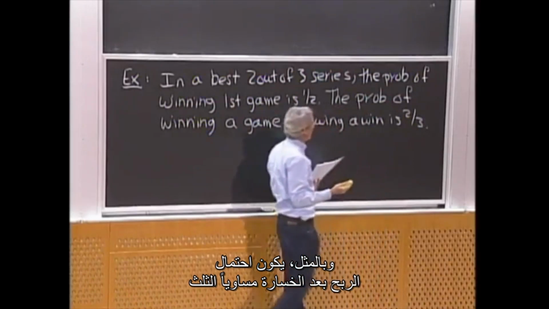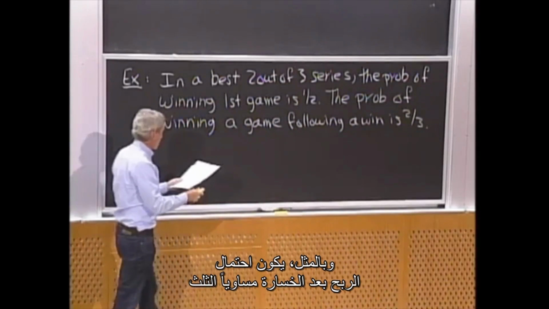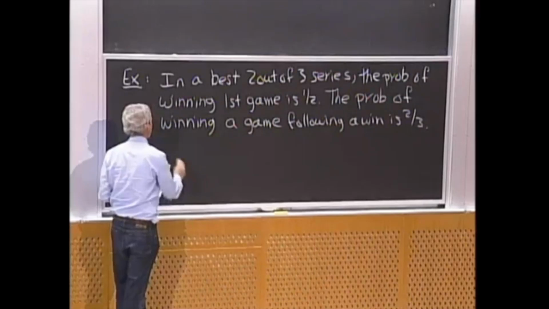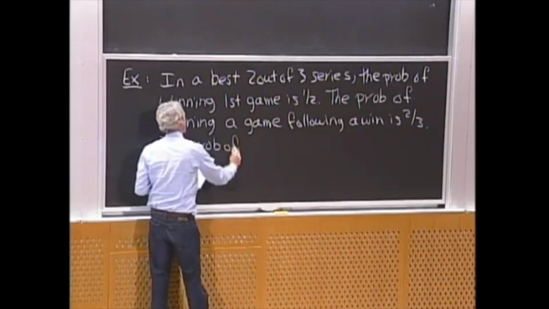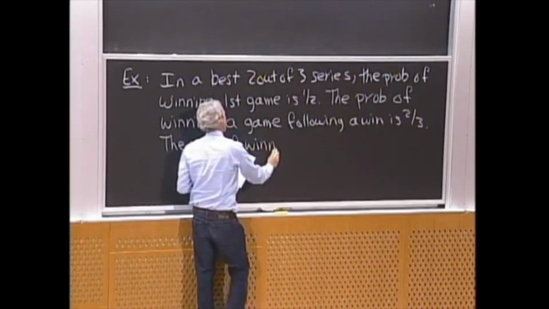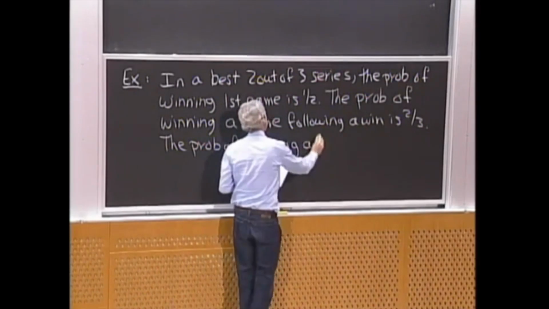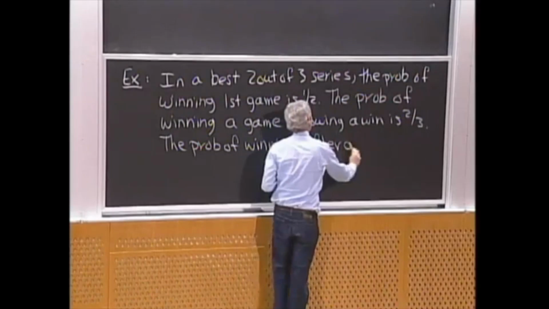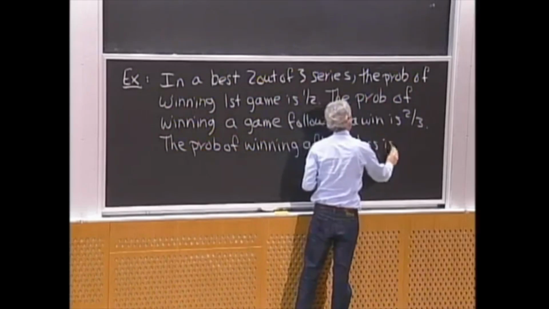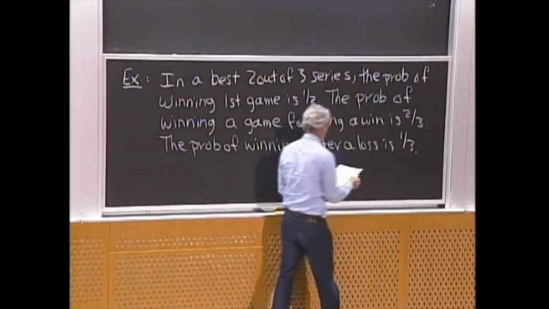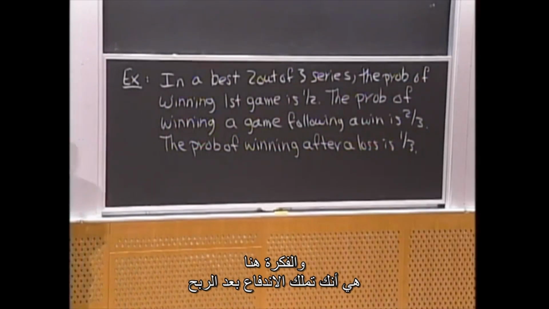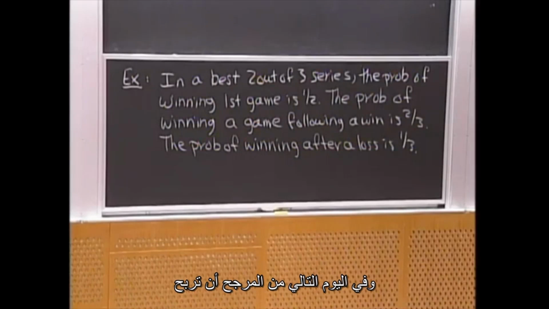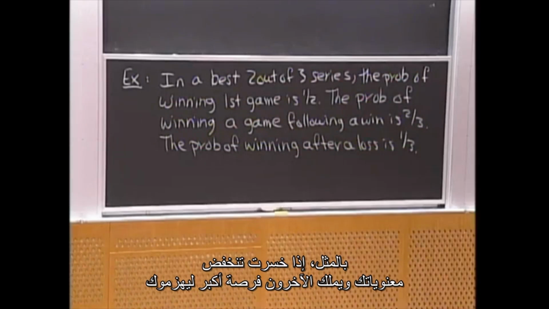And similarly, the probability of winning after a loss is 1/3. The idea here is that you win a game, you're sort of psyched, you got momentum, and going into the next day, you're more likely to win. Similarly, if you lost, you're sort of down, and the other guy has a better chance of beating you.